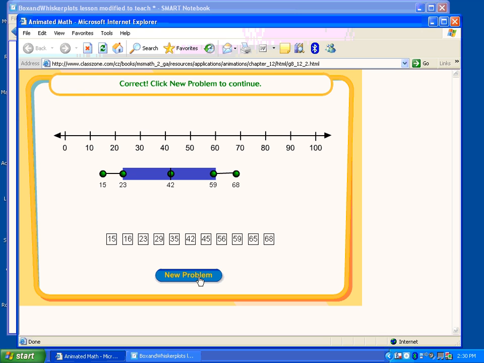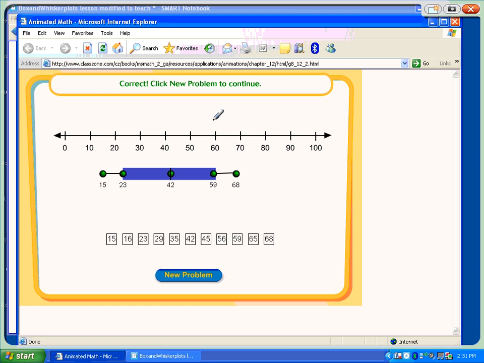On your piece of graph paper, I want you to answer questions 1 through 5. Before you do that, hold on. Interquartile range, did I talk about that? So that's the length of your box.